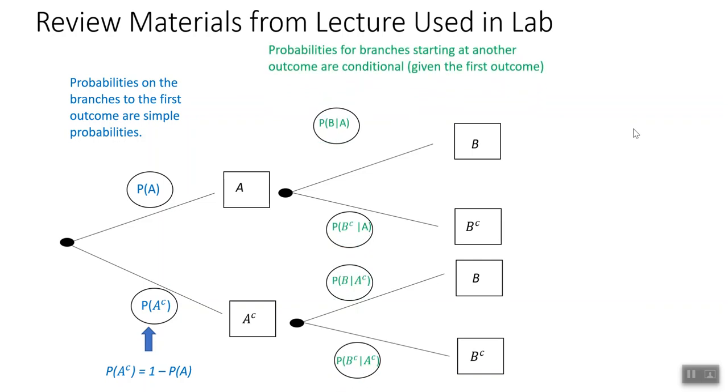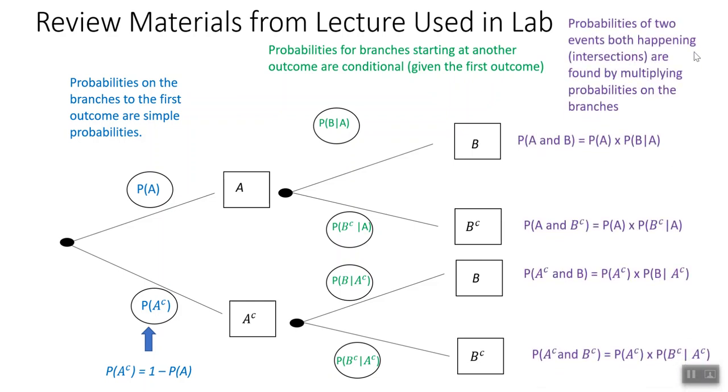The probabilities on the branches starting at another outcome are conditional, based on what's given in the first outcome. So the probability on this branch up here would be the probability of B given that A has already occurred. The probability of not B given A has already occurred.